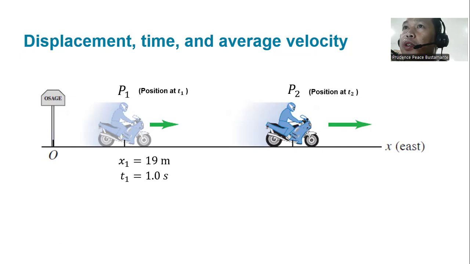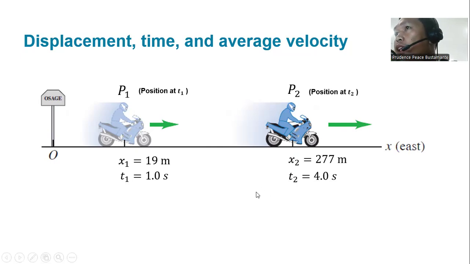Say for example, we have a person traveling on his motorcycle and we note his position from the origin to a position x1 which is equal to 19 meters from the origin at time 1.0 seconds.